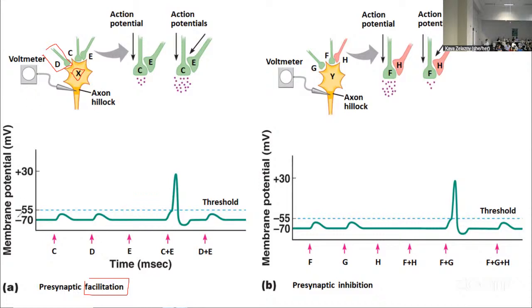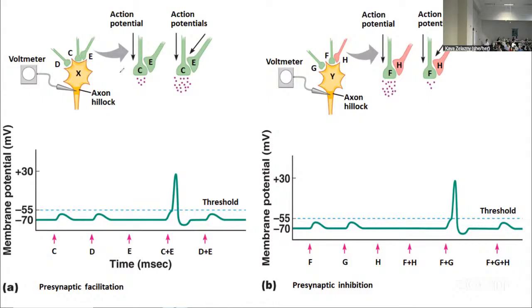But if we focus in on the relationship of C and E, you can see that C is coming in and synapsing on X. But if we look at what E is doing, E is actually not affecting X directly, right? E is linking up to that axon terminal of neuron C. Okay.